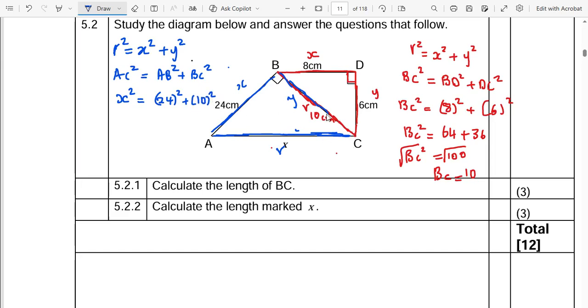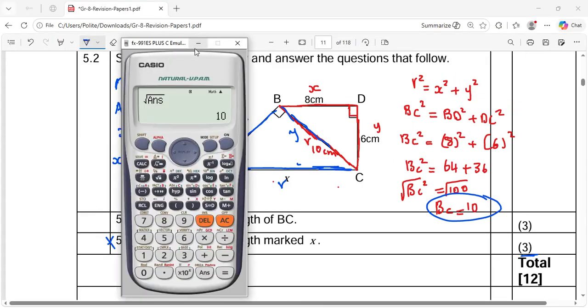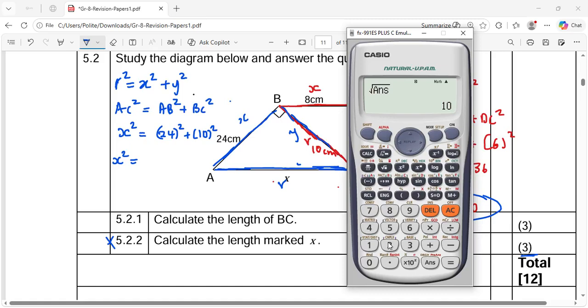So now look at this. If BC is wrong, this will affect the next question. You're going to lose those 3 marks. So please make sure that you pay attention to those types of questions. So 24 squared plus 10 squared. Let me see. 24 squared.